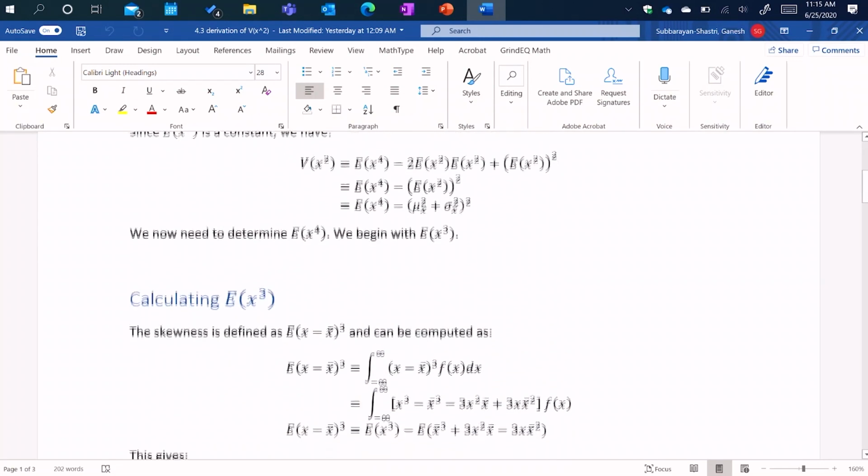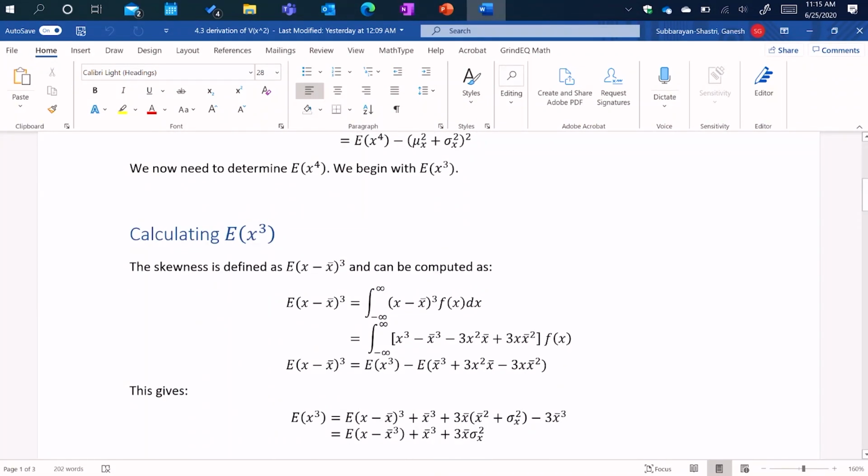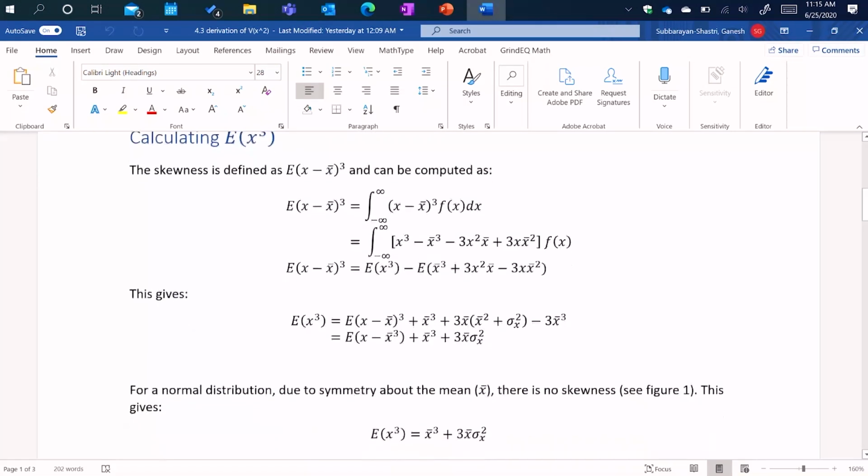So you can go through and calculate expected value of x cubed, and in calculating expected value of x cubed, you will make the assumption that, this is a normal distribution, due to symmetry about the mean there is no skewness. What is skewness? Skewness is expected value of (x minus x bar) cubed.